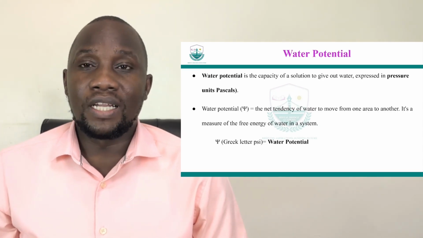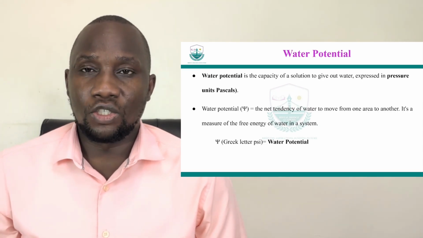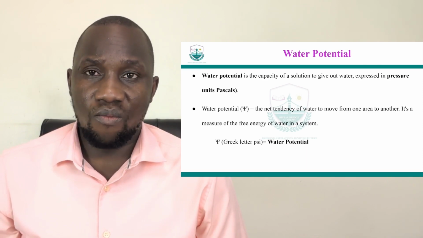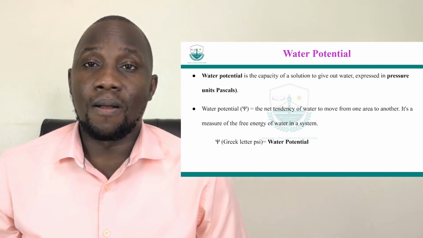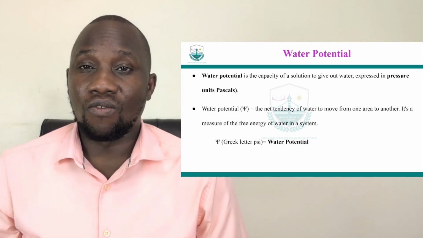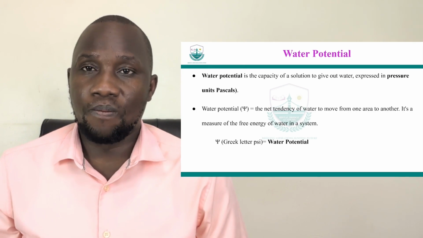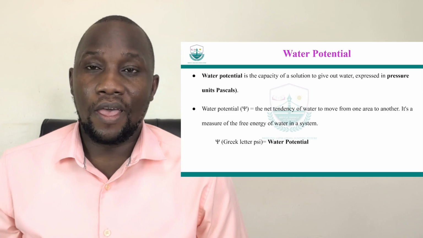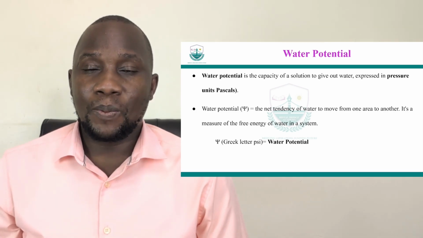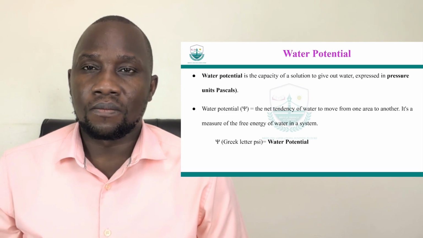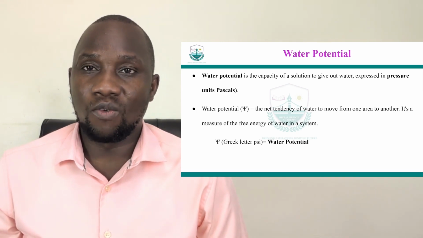So we go into understanding the word water potential. Water potential is about the tendency of movement of water molecules. That tendency of water molecules to move is what you call water potential. It is expressed in units called pascals.